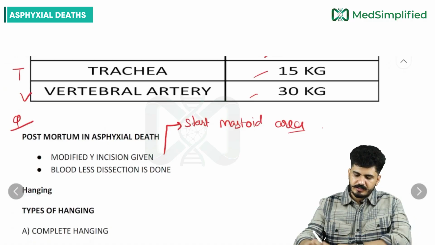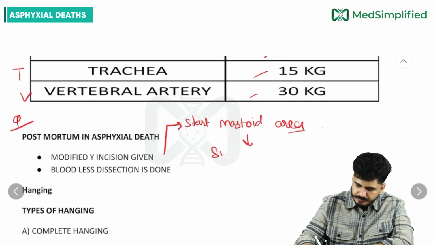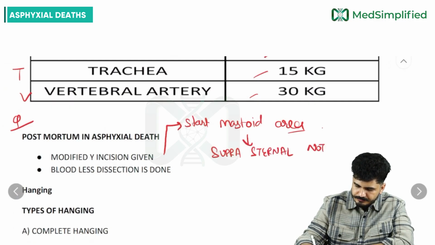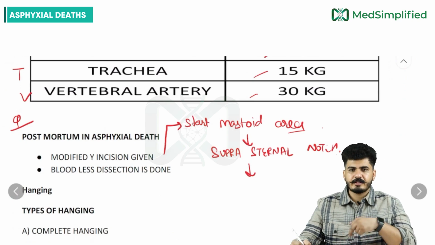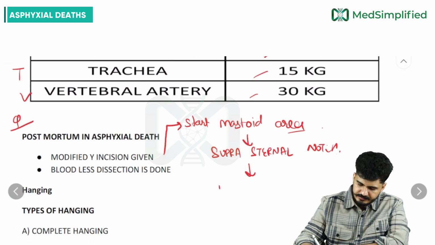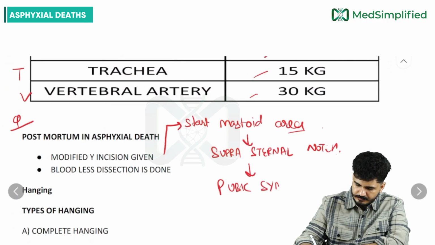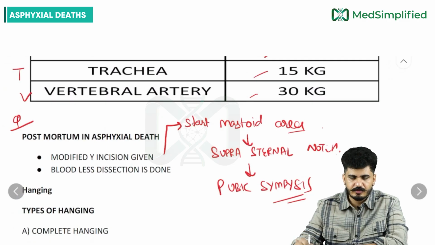Then it will come to the suprasternal notch. Then it will travel to the pubic symphysis. It will go like this, okay?